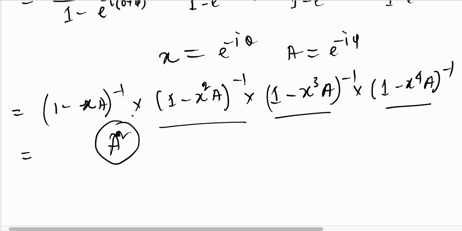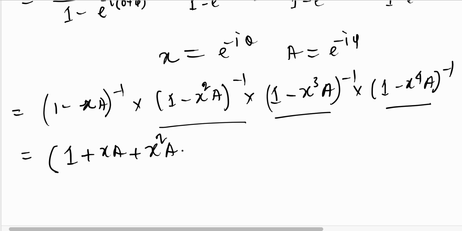So we have to keep only the a squared order term, right? So we will expand up to a squared, plus some other terms.